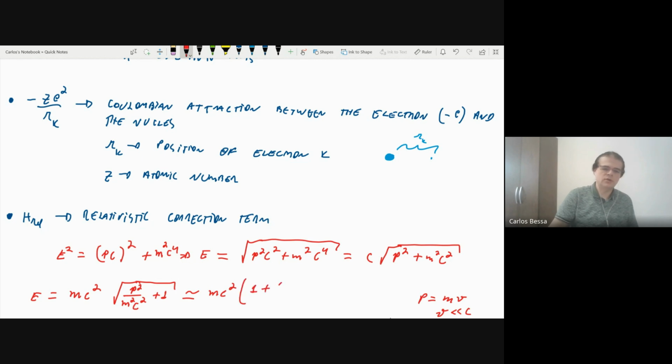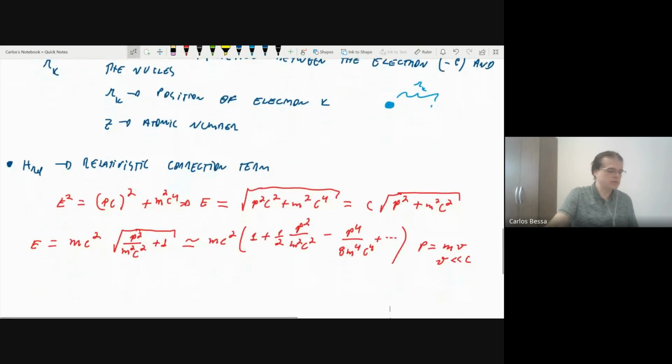That gives us mc squared, plus p squared over 2m c squared terms cancelling, minus p to the 4th over 8 m cubed c squared, plus other terms.